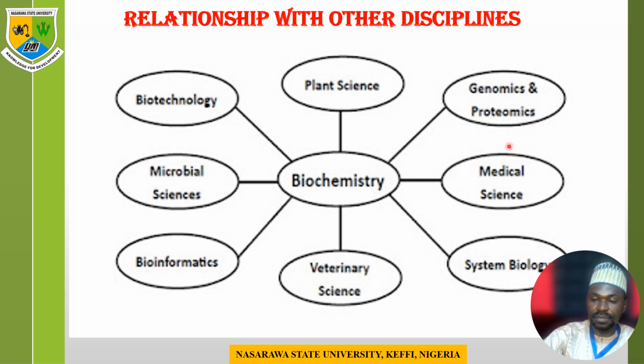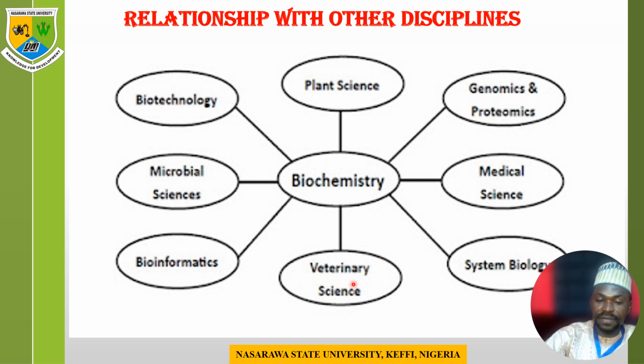Medical sciences, pharmacy, MBBS, they derive ideas from biochemistry as basics. When you go to medicine and surgery, you have to pass biochemistry to qualify. It's important. Medical students are always scared of biochemistry. Biochemistry students are not scared of medical students, so you are at an advantage. When you study biochemistry, you can always go and study medicine.